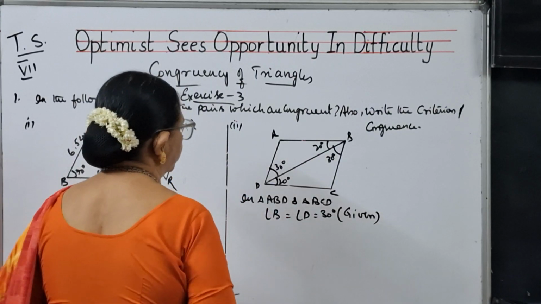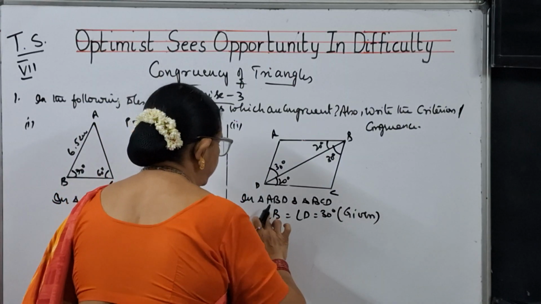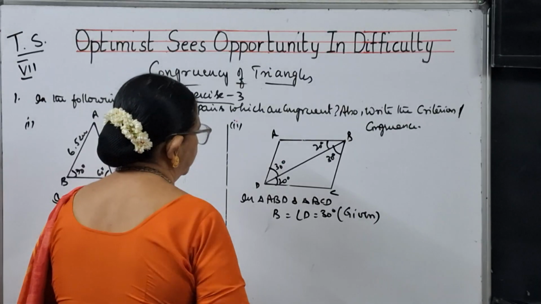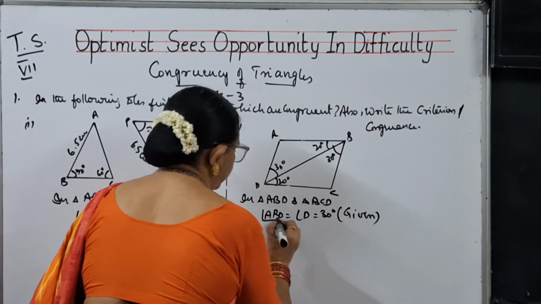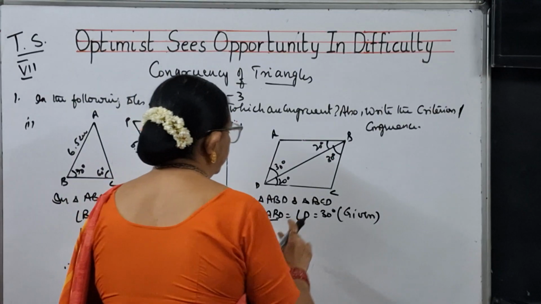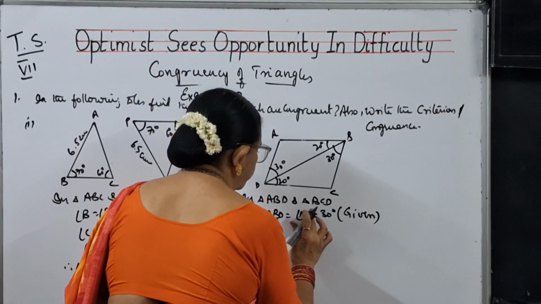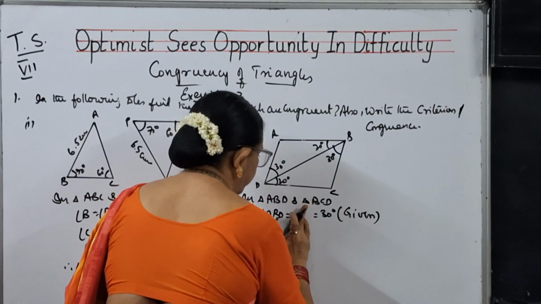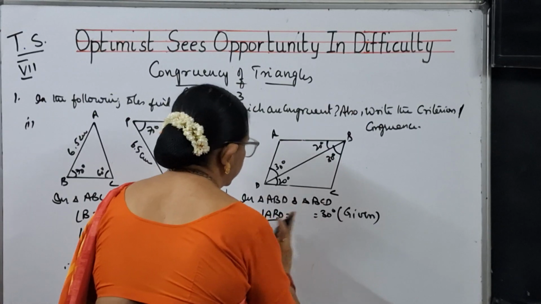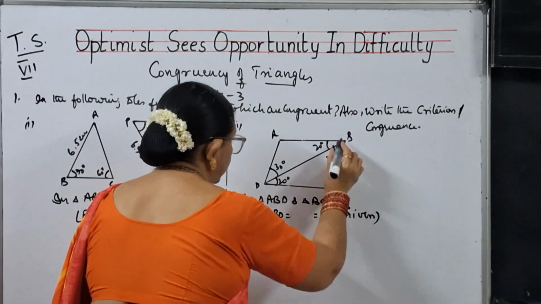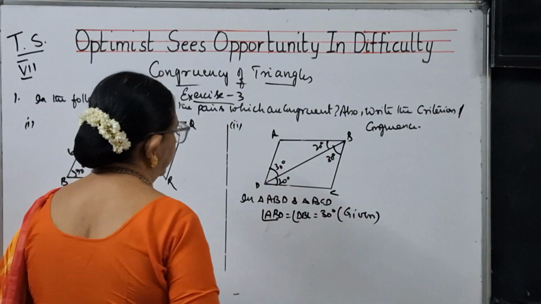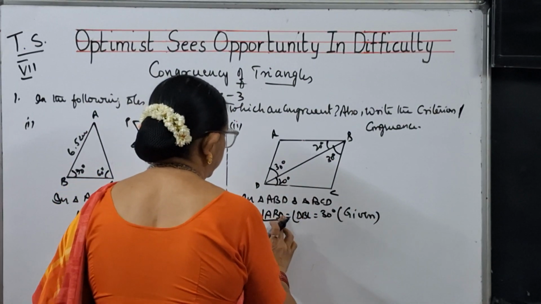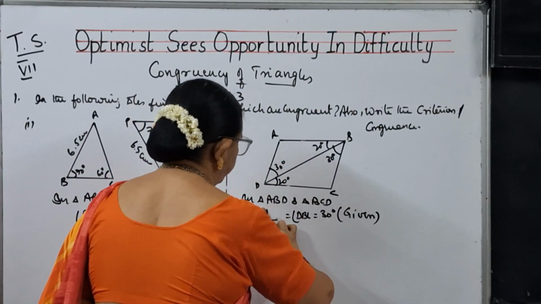Angle B means, I need to explain it, children, because in many ways it is angle ABD. I'll write it properly. Angle DBC.